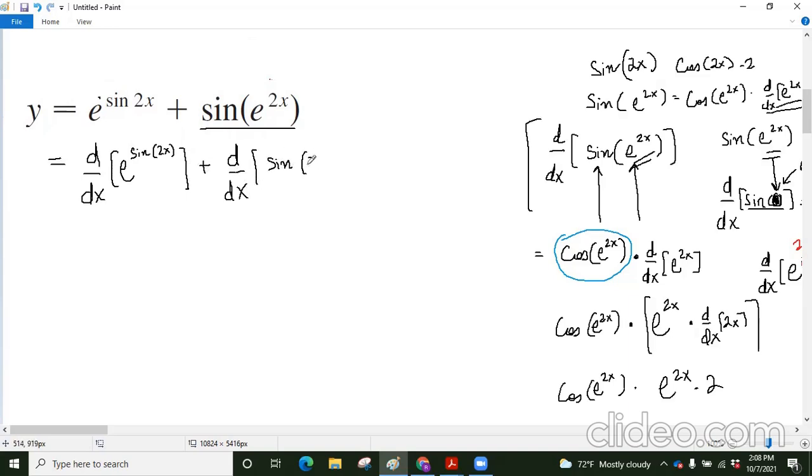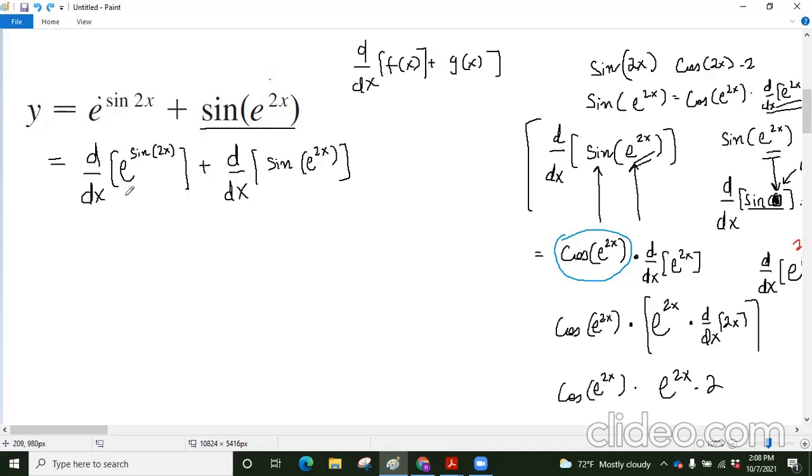I'm just writing what we're going to take the derivative of, right? If you remember the rule, the derivative of two functions added is just the derivative of them both added. So you take the derivative of this guy and then the derivative of this guy, and then you just add them together, and that is your final derivative.